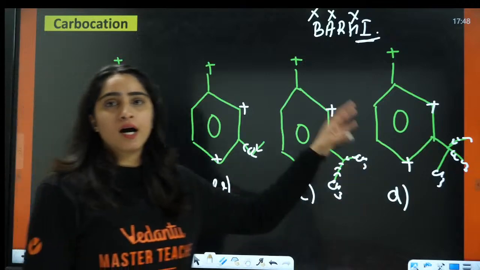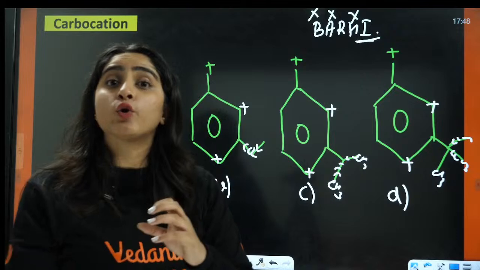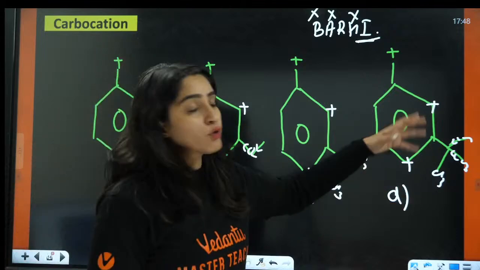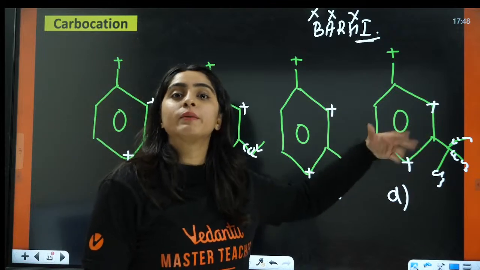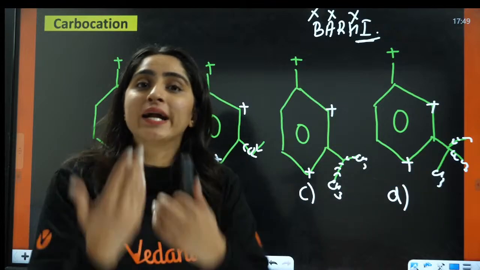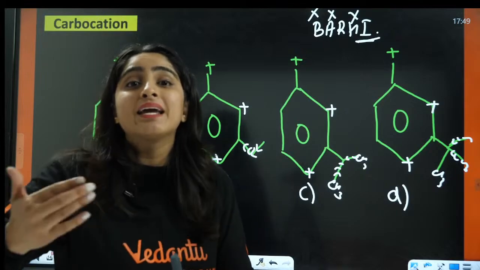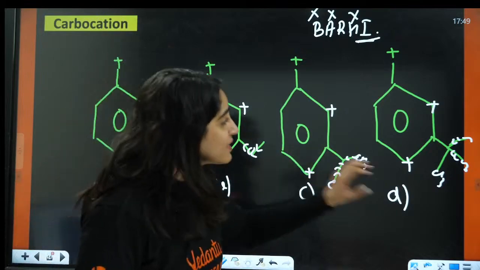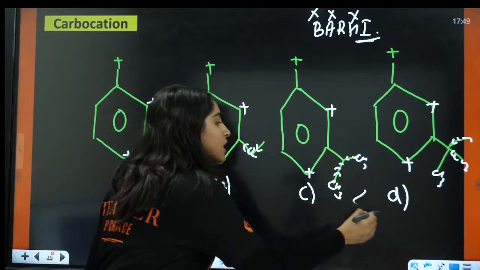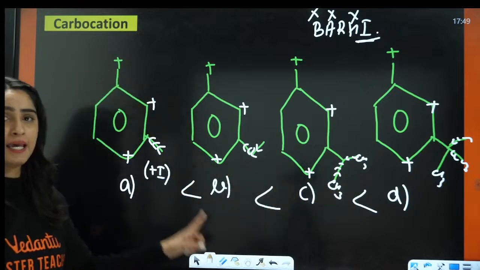So more the donation of electrons, if something is positive and we are donating the electrons, more will be the stability. If something is electron deficient and we are providing the electrons, we are making it more stable, and that is the reason this will be the more stable and the stability order will be BCBA.